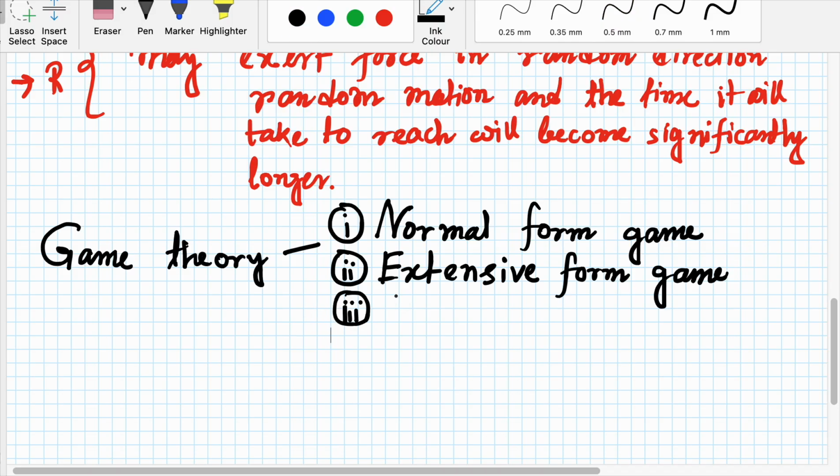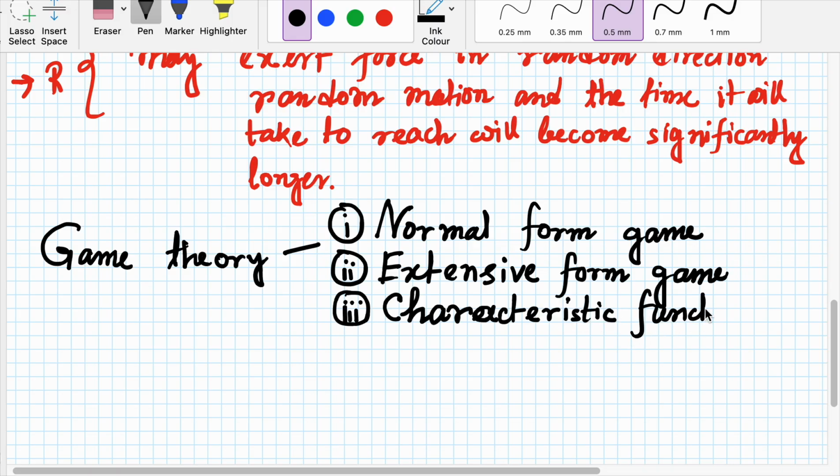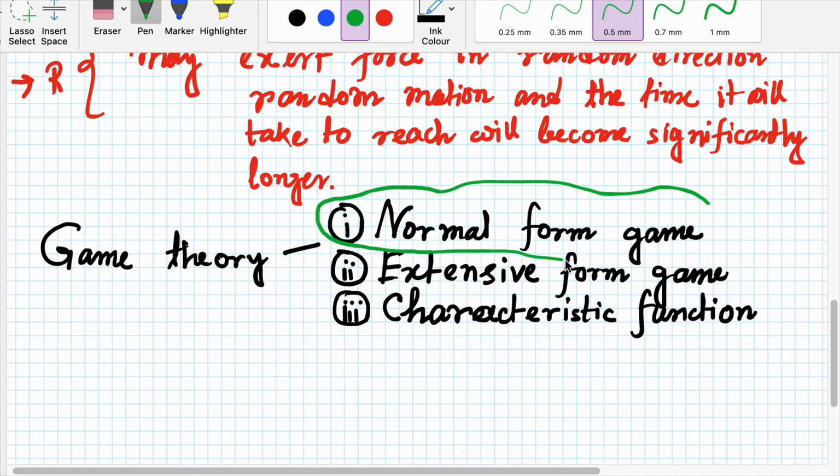Third is presenting it in terms of a characteristic function. In this lecture we primarily, or exclusively, cover the normal form game.